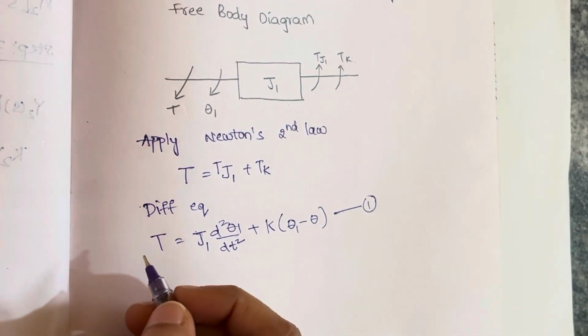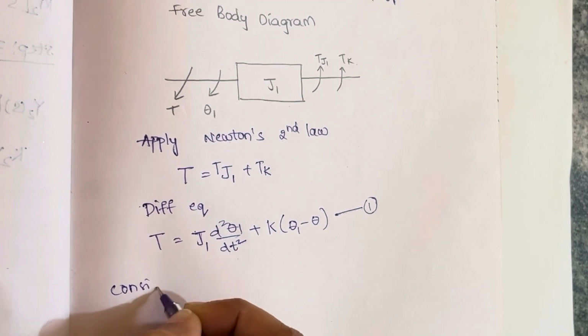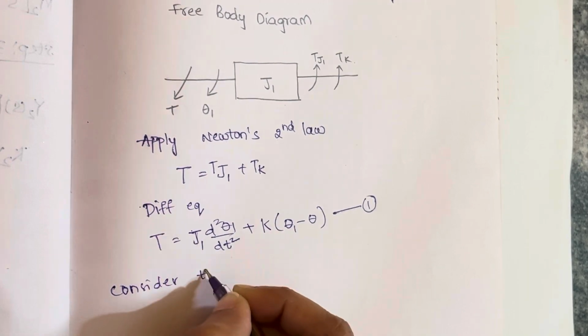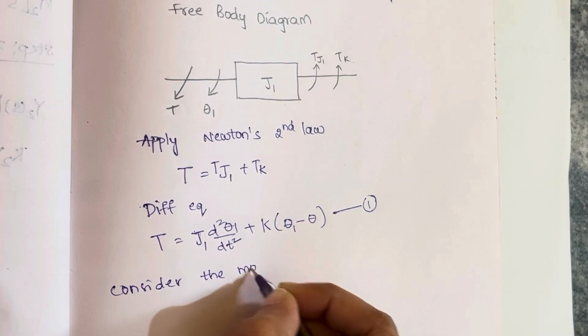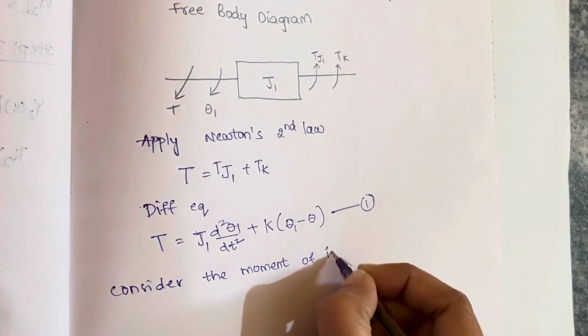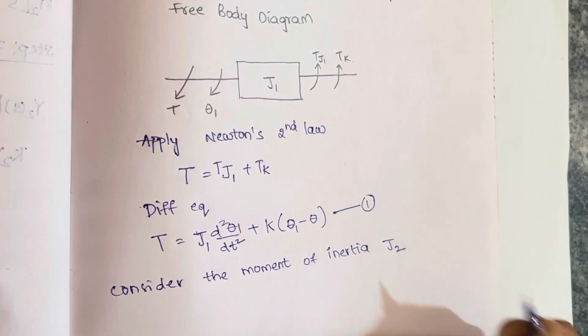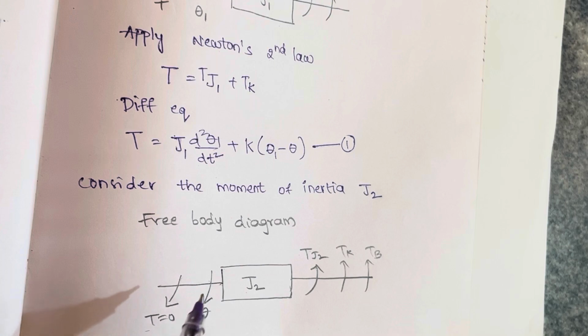Now consider the moment of inertia 2. This is the free body diagram of the moment of inertia 2.